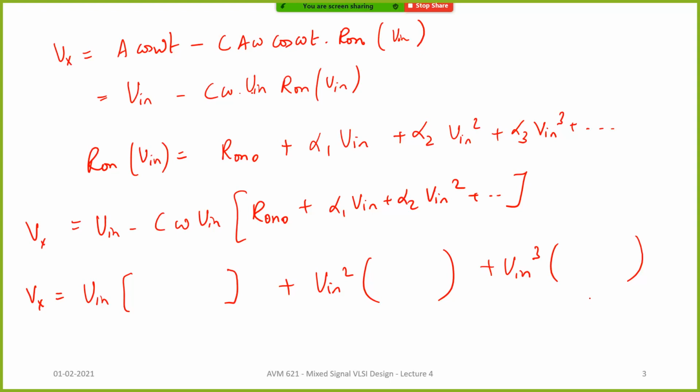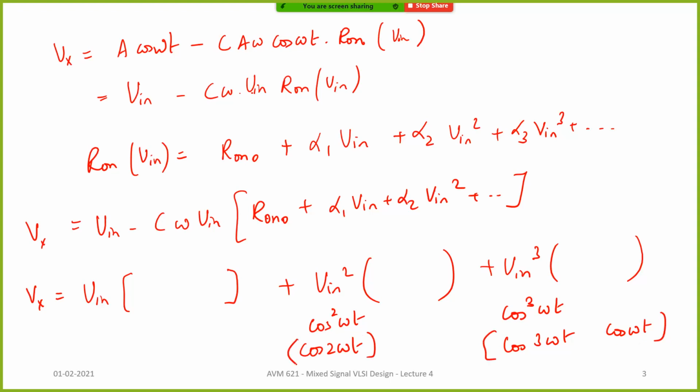So if your Vn is a cos omega t, now here you will have cos squared omega t, here you will have cos cube omega t, right? And if you expand this cos squared omega t, you will have cos 2 omega t and some DC component. Here you will have cos 3 omega t and cos omega t, both the components, right? These are all trigonometric identities, all of us are familiar with.